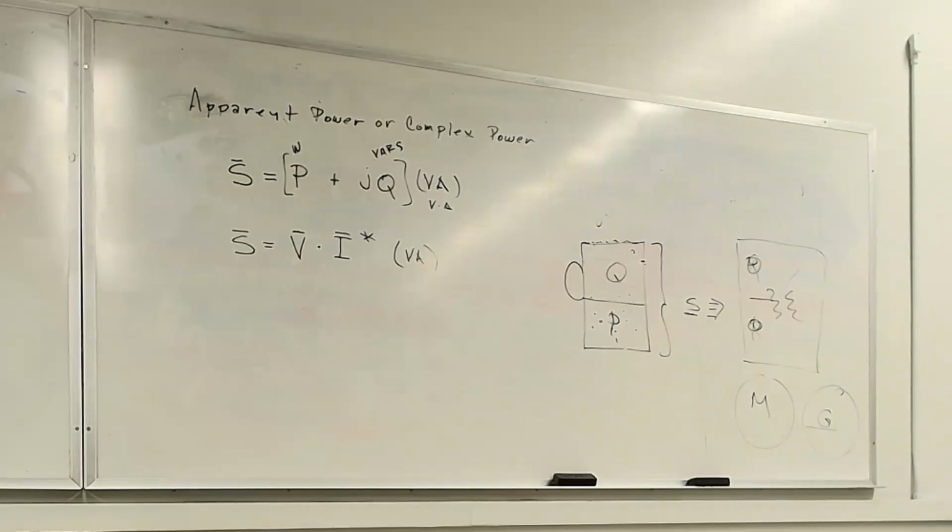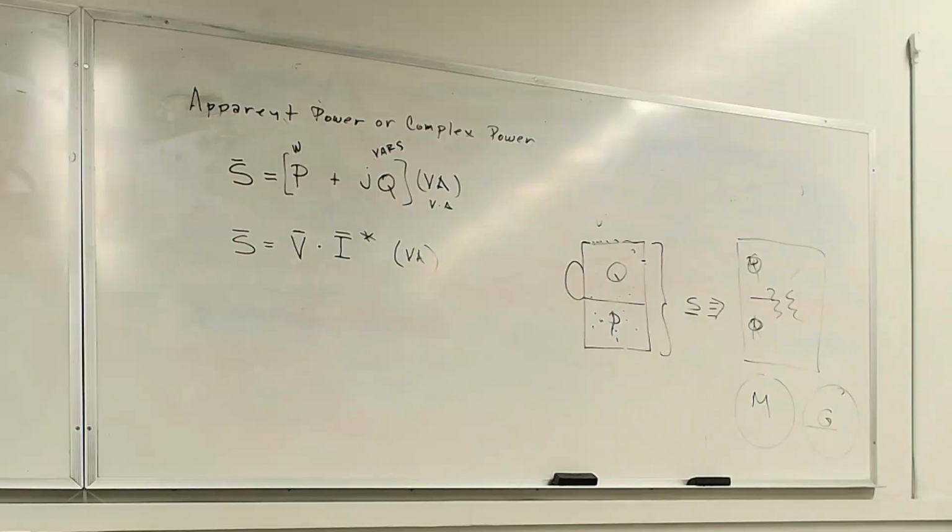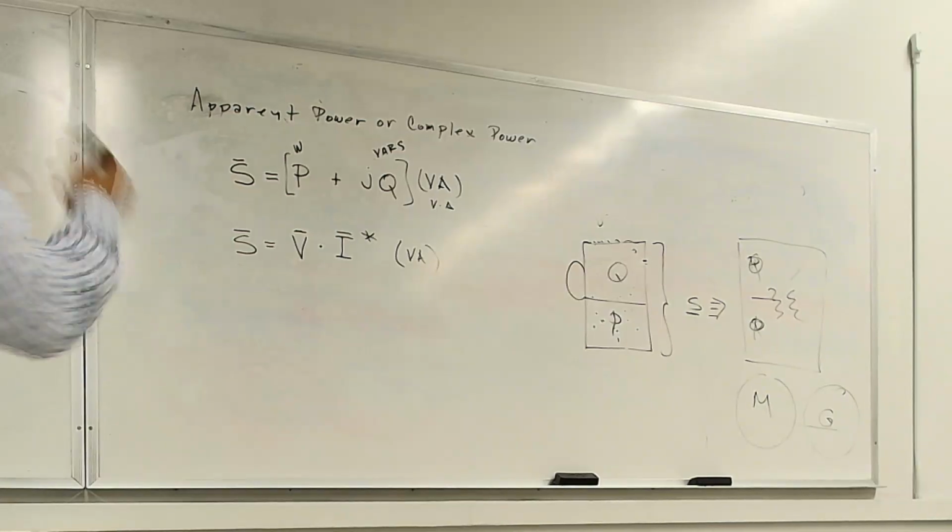Distribution engineers also use kilos. Transmission people use M because they have large amounts of energy. You're talking about MVA, megawatts, megabars, and megavolt amperes.